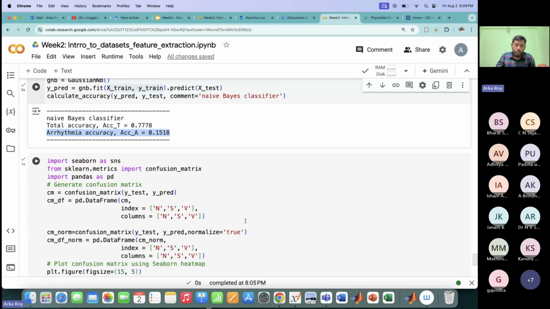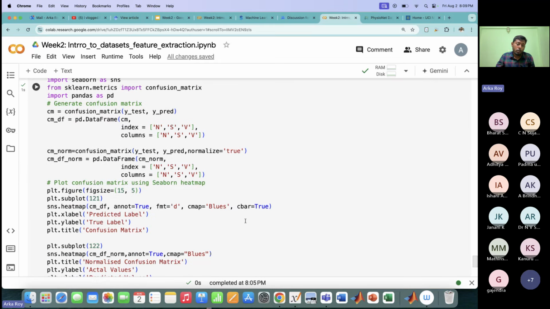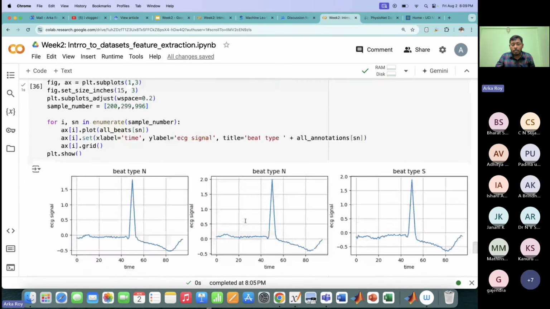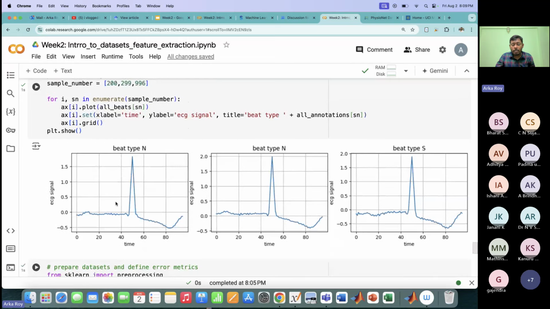The reason behind it not doing a great job is basically the features that you are using. The features you are extracting, the energy and entropy from all these beats, you can see that the beat structures are almost the same, so the features will also look the same. That is why your model has a hard time classifying.